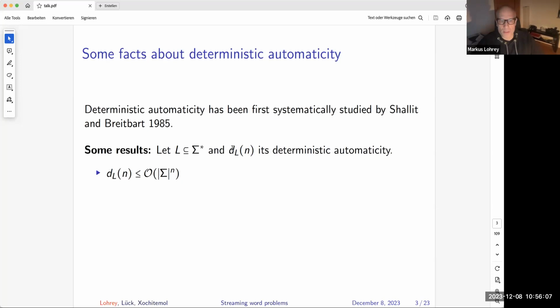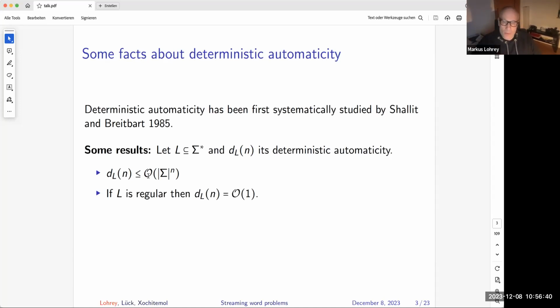The first thing is quite obvious: the deterministic automaticity is always bounded by alphabet size to the power of n. Because when you get your word of length at most n, the automaton can always store it explicitly. You store the whole prefix that you have read so far. If you take this as your state at the end, you can decide whether the word belongs to the language or not. This is a trivial upper bound. Actually, you can forget the big O here.